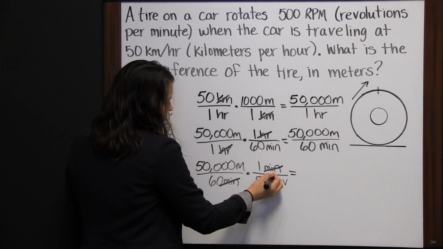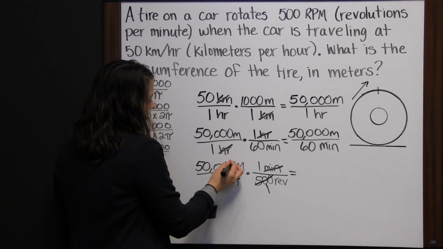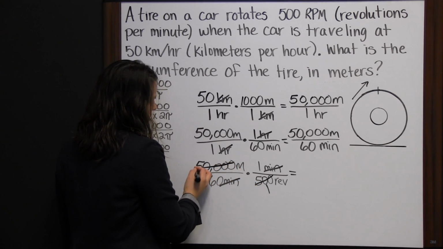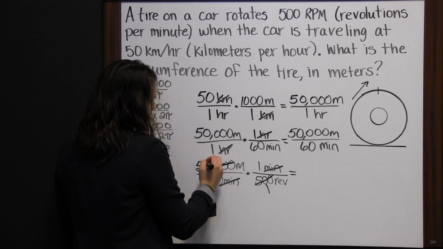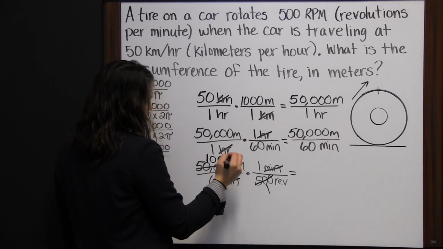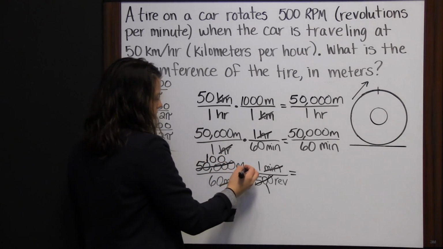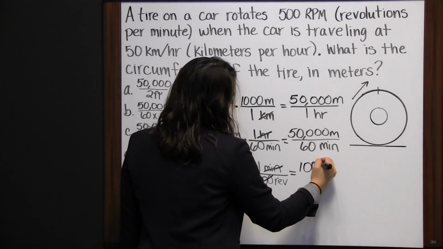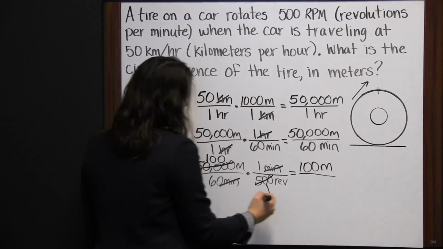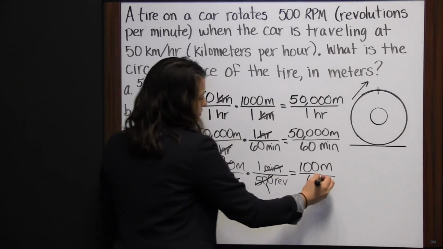And 500 divided by 500 is 1. And 50,000 divided by 500 is 100. So then 100 meters times 1 is 100 meters divided by 60 revolutions.